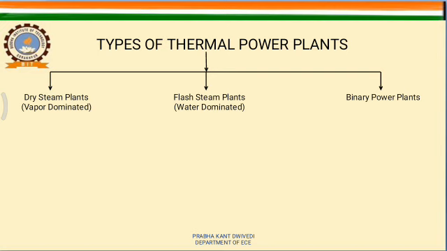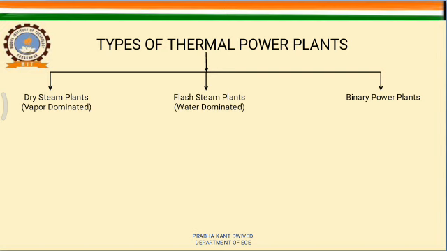The second one is the flash steam plant, which is water dominated. This system takes high pressure hot water and converts it to steam to drive the generator turbine. After passing through the turbine, the steam is condensed and injected back into the ground.